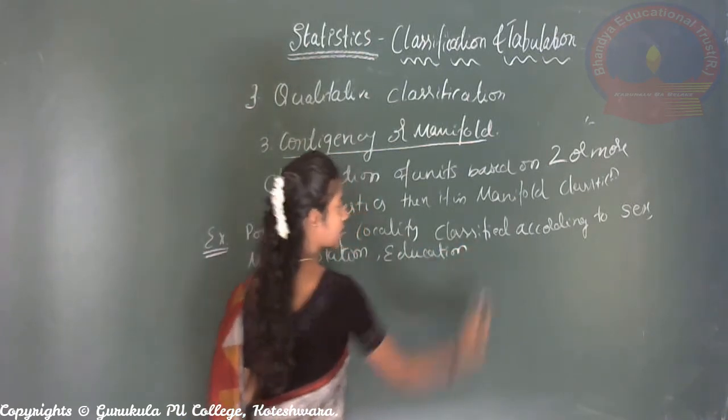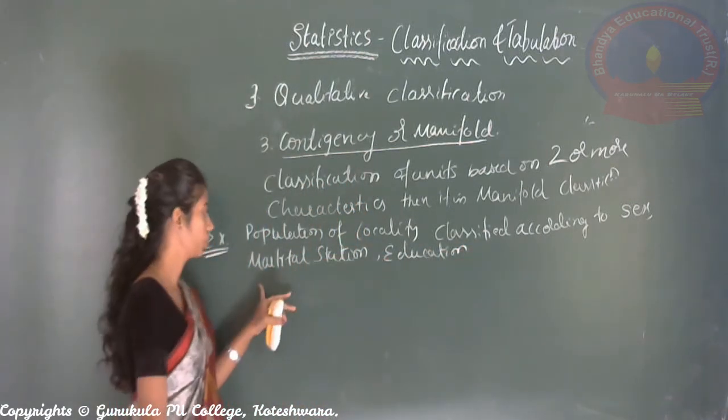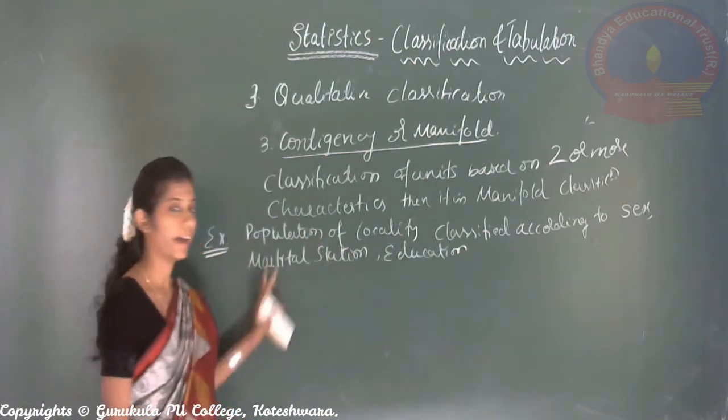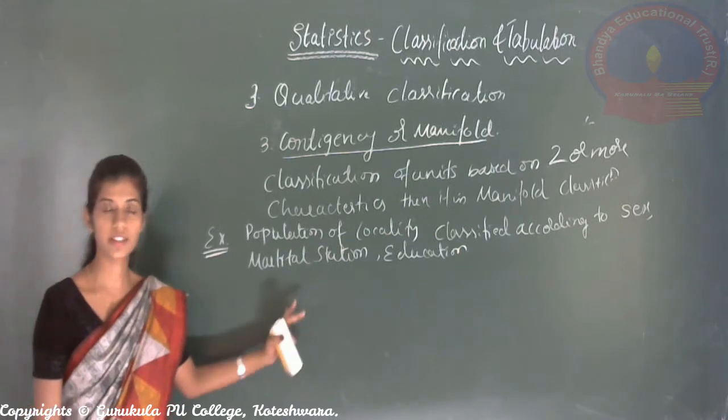How many characteristics have I taken? 1, 2, 3. Two or more characteristics I have to show in a single table.